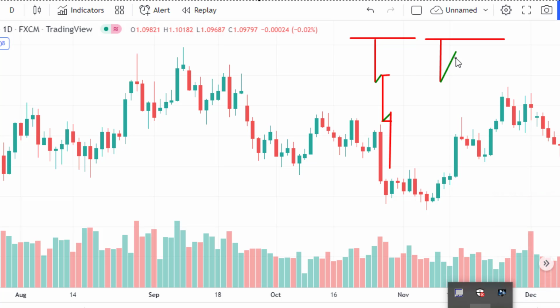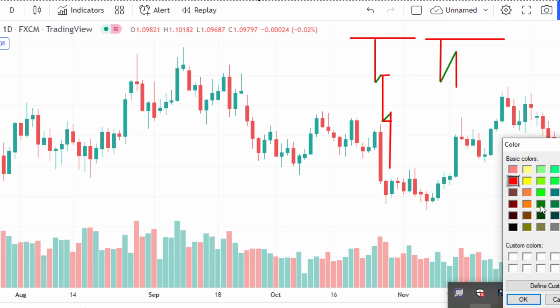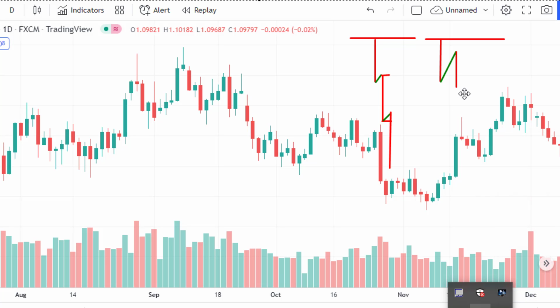That means the market again fell down, and finally a breakout happened. This level breakout happened, and a little breakout, this one. After that the market again started going up from here, and it goes up deeply.